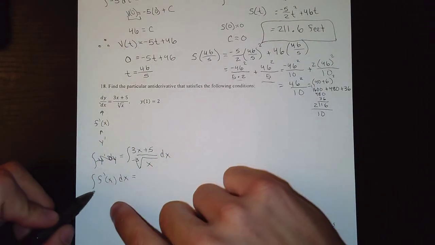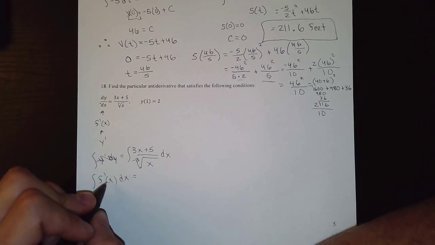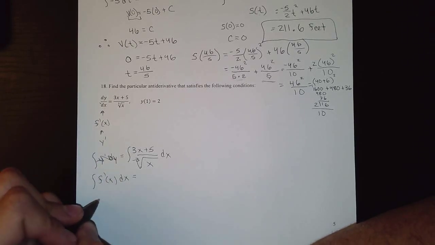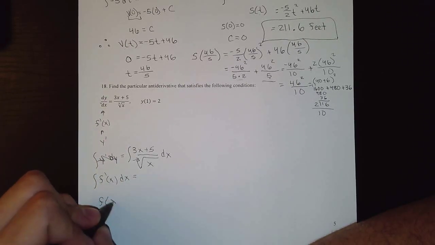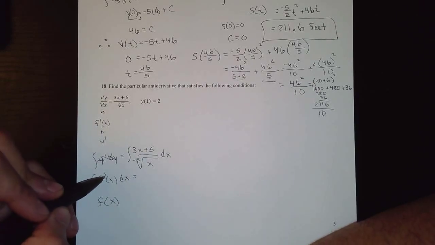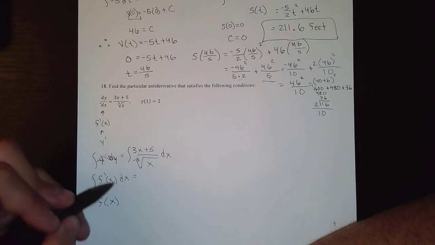And so we're taking the antiderivative of both sides. And when we take the antiderivative of the derivative of a function, we get the original function itself, because these are opposites. The antiderivative is the opposite of the derivative function.